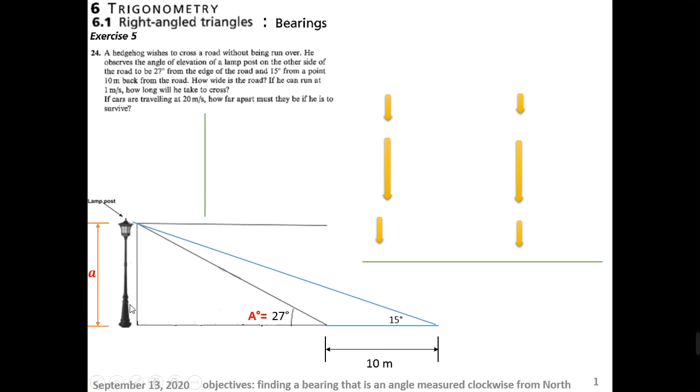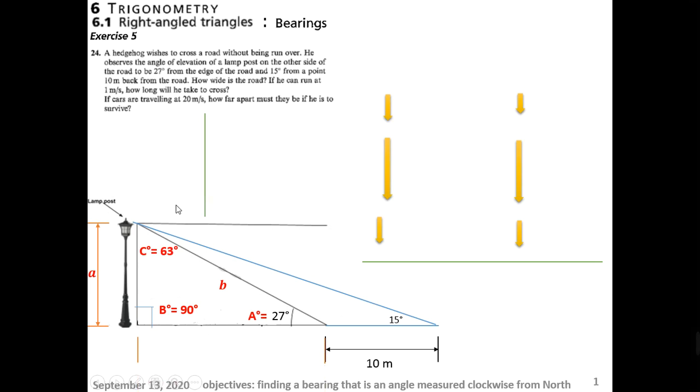The lamp always makes 90 degrees with the ground floor, so this angle here is definitely 90 degrees. If I name it as B, it's going to be 90 degrees. We're talking about this right angle triangle, the small one we have in here. And the opposite side to angle B is this hypotenuse here, which is B small.